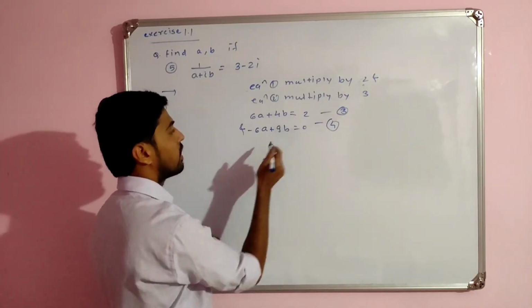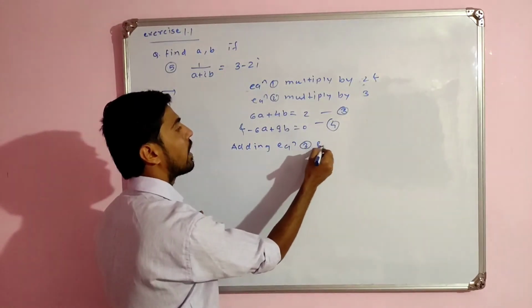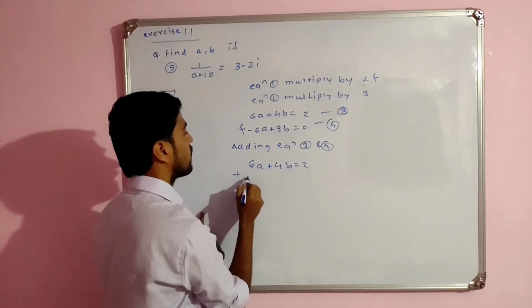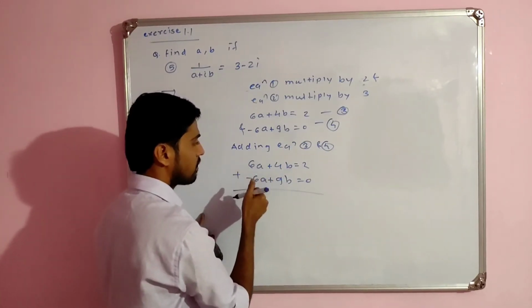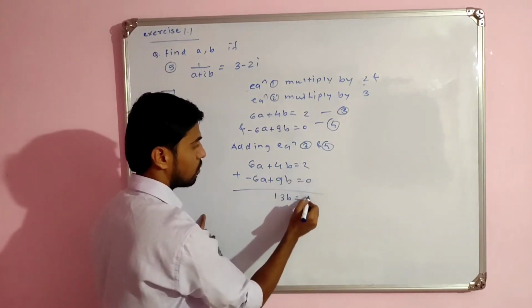Now adding 3 and 4, adding equation 3 and 4. Okay, 6a plus 4b is equal to 2. त्यात ऍड करायचे -6a plus 9b is equal to 0. 6a minus 6a getting cancelled. 4 plus 9 is 13. b is equal to 2 plus 0 is 2.